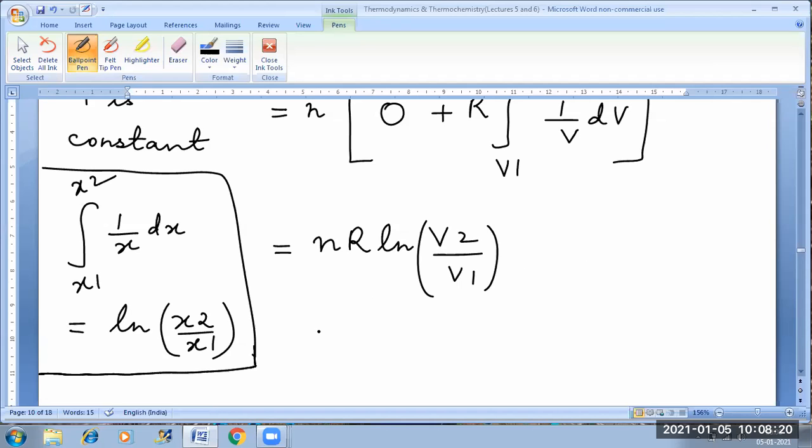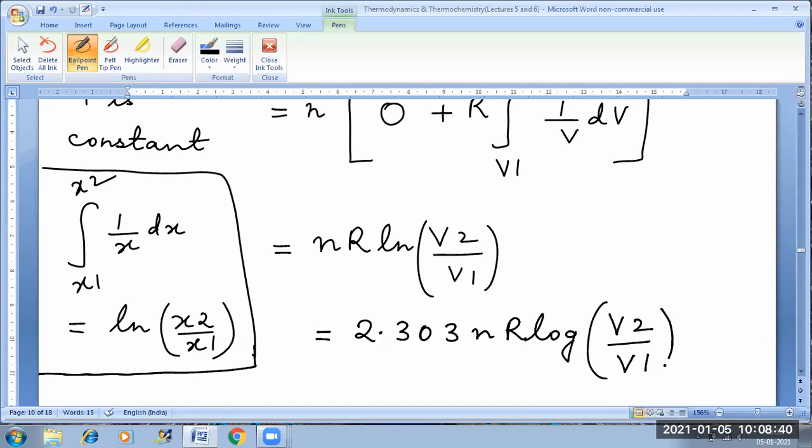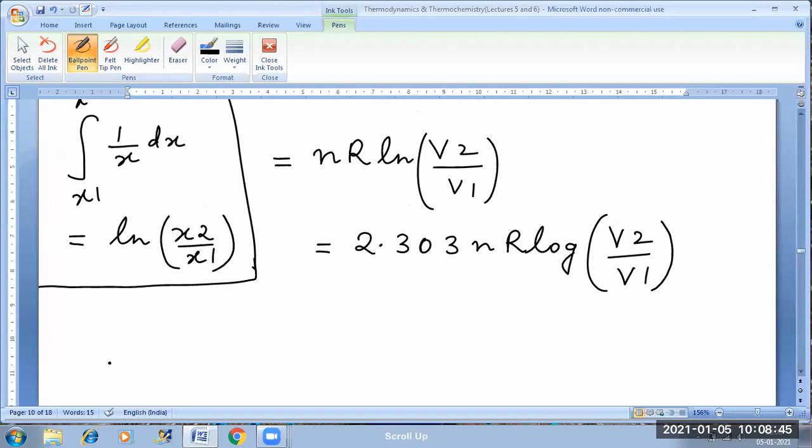Or in chemistry, if I want to convert ln to log, that is if the base of log has to be 10, I have to multiply this by 2.303. So this formula becomes 2.303 nR log V2 by V1. That means if I write log in chemistry, by default the base is 10. By default, the base is what? 10.